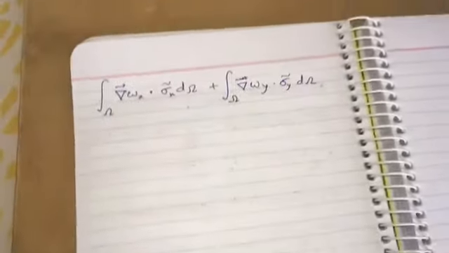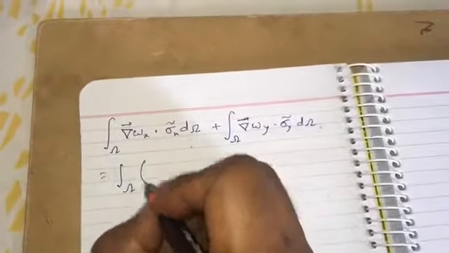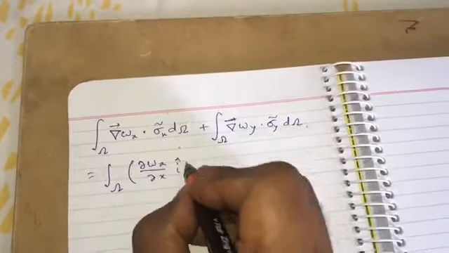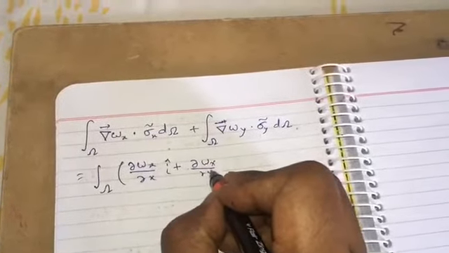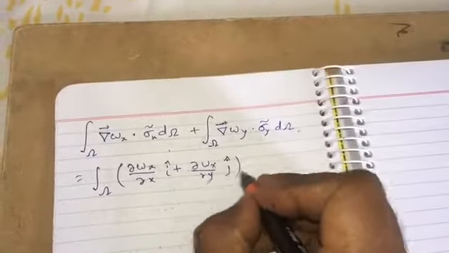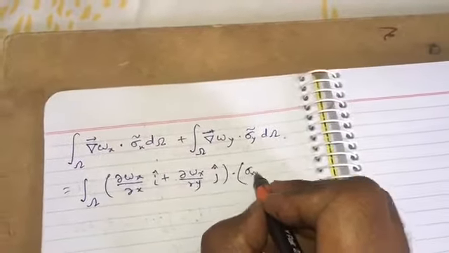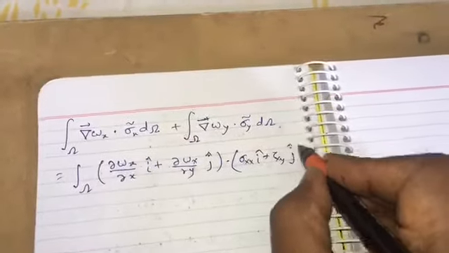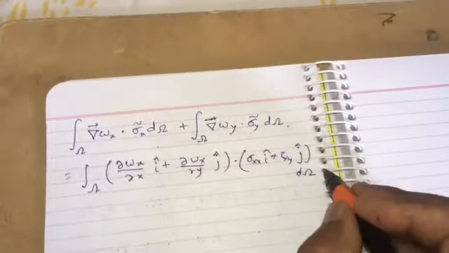If we expand this further, del wx is del wx over del x i plus del wx over del y j, dotted with sigma x, which is sigma xx i plus tau xy j, d omega.